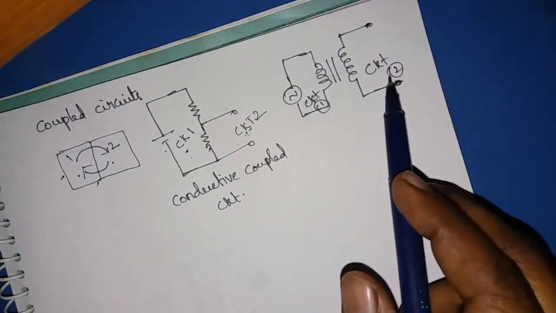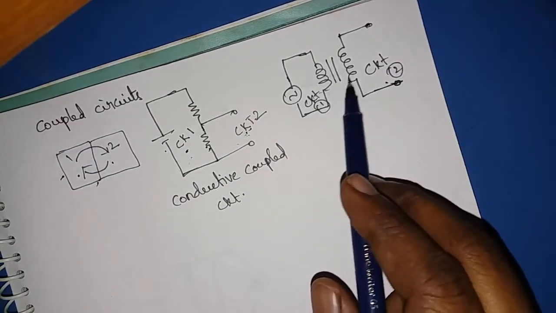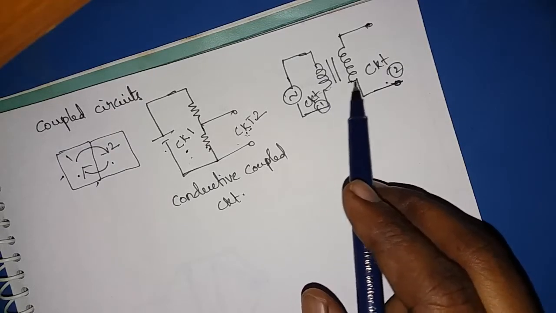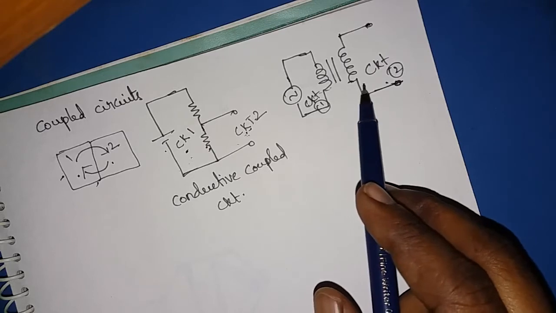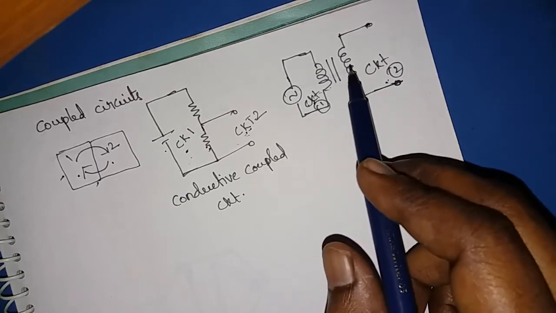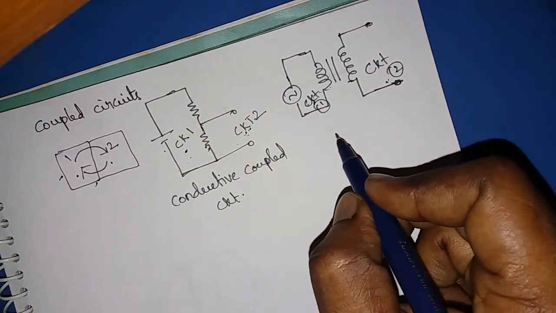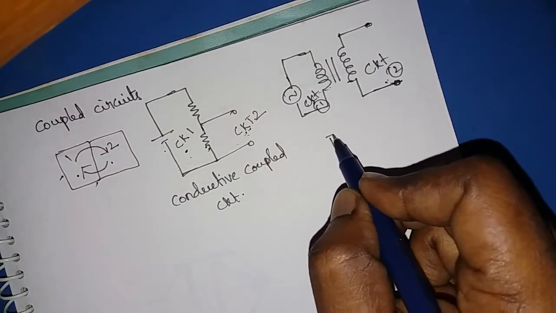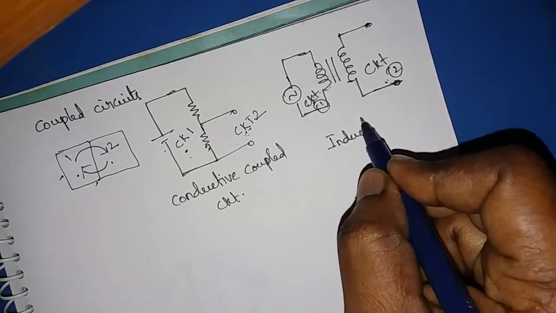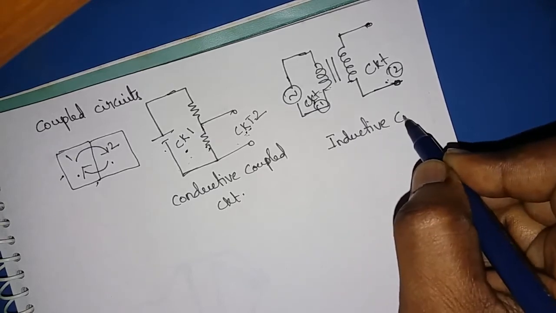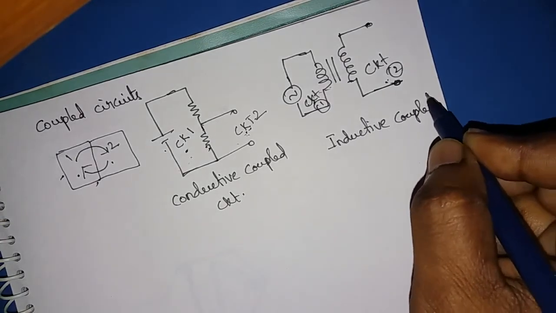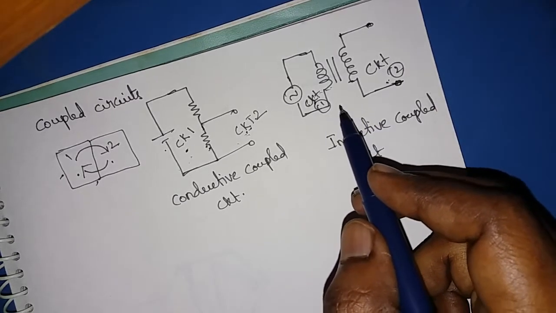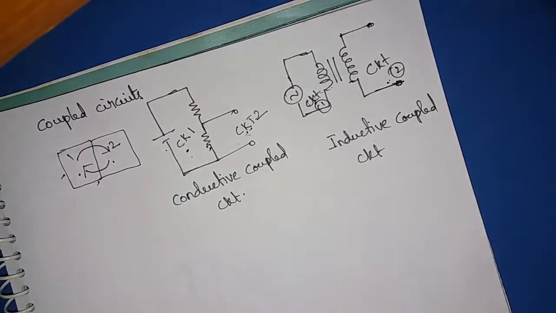These two circuits are connected through magnetic coupling, or we can say these two circuits are coupled inductively. So this circuit is called an inductive coupled circuit. Moreover, this circuit is also called a transformer.